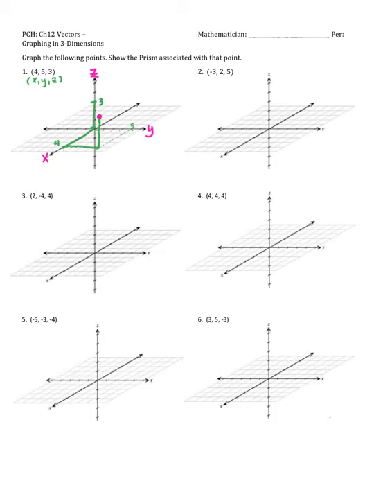But we want to represent a prism that is associated with this point, because really when you're graphing 3-dimensionally, it's like you're walking along the length, the width, and the height of, say, a Kleenex box. So let's look at what the rest of the box would look like.